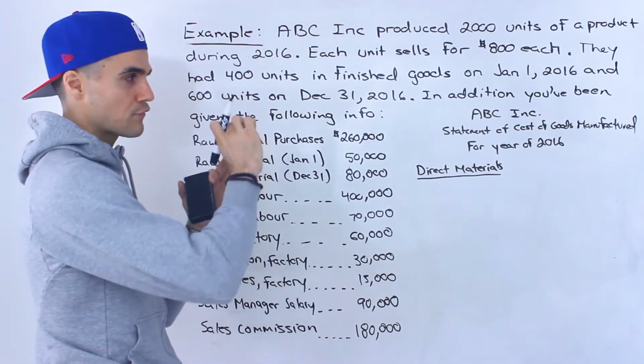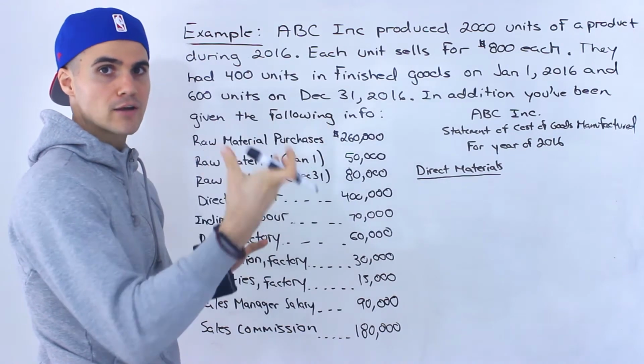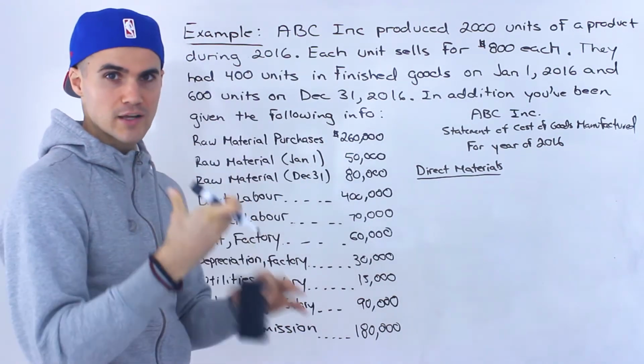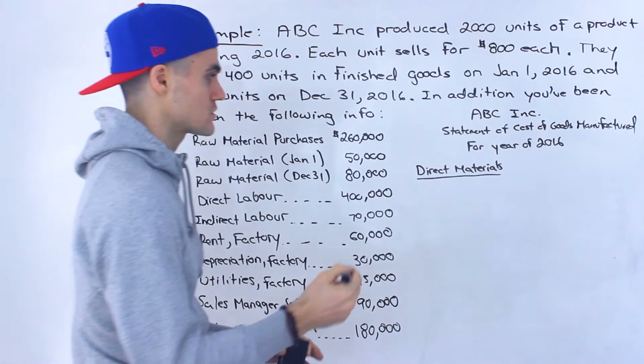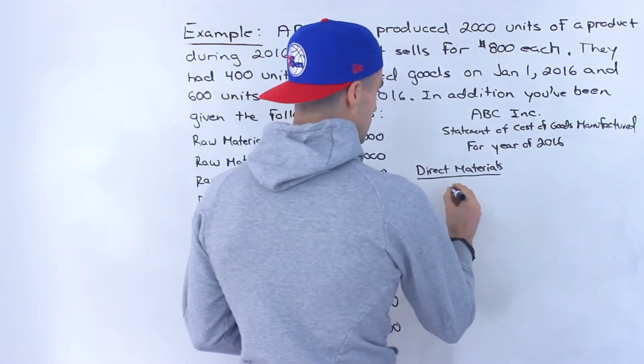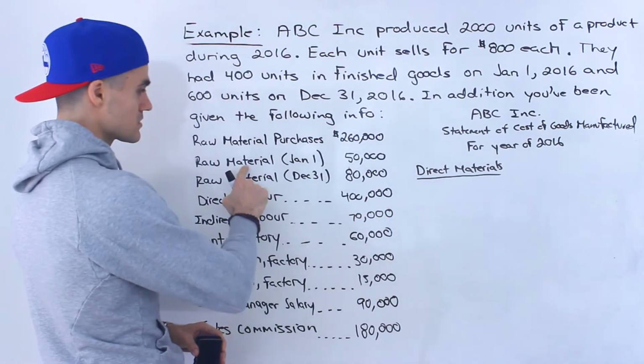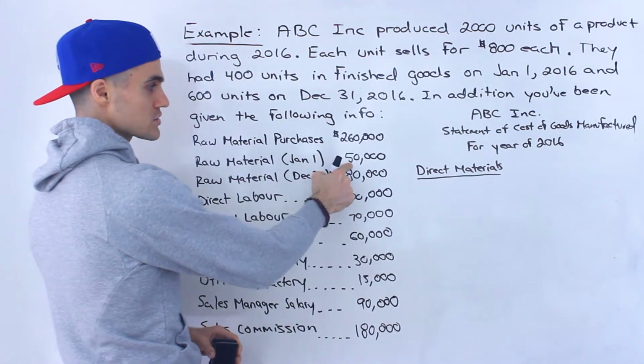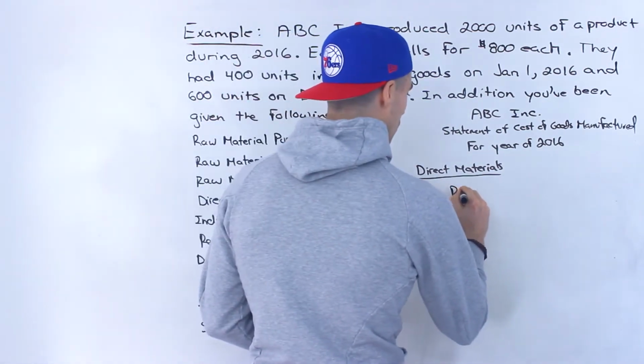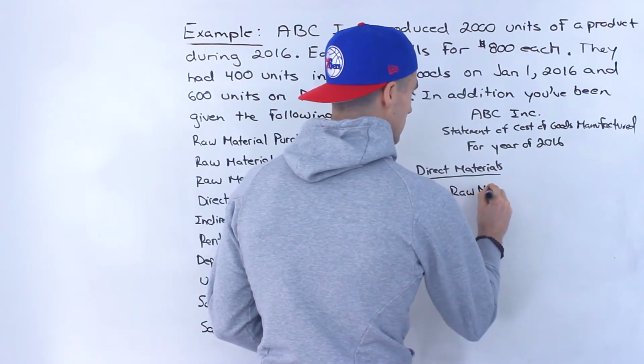If you remember that first line in the manufacturing flowchart, we rearranged that to get the direct materials used. The way we do that is we start off getting the beginning raw materials, which was on January 1st. So we're going to have raw materials.